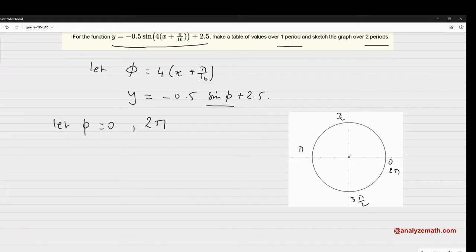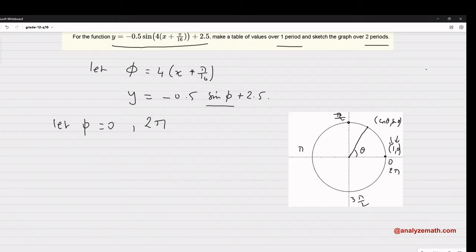Remember, any point on the unit circle has the coordinates cosine theta, sine theta, theta being the angle in standard position. So this point, which has coordinates 1, 0, gives the cosine of 0 and the sine of 0. Now this is pi over 2.